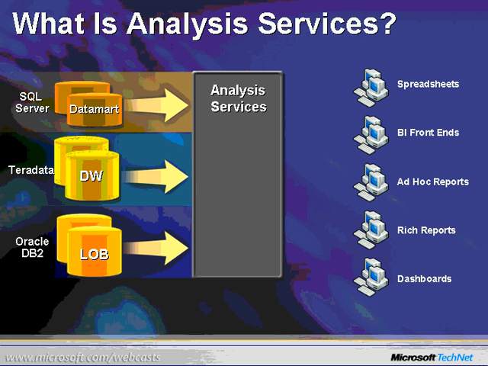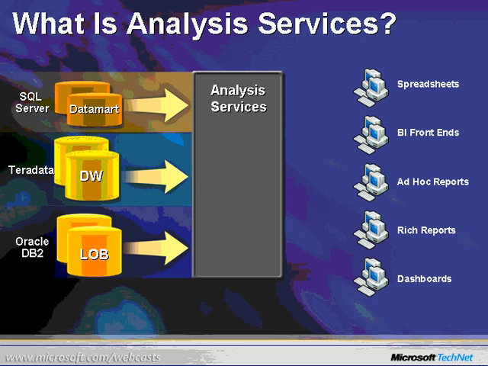So to level set, let's talk about the product itself and look at what Analysis Services is. Analysis Services is essentially a binding product that allows you to analyze data from a number of different sources. This data can come from SQL Server, obviously, Teradata, Oracle, DB2, and others, and then create a unified dimensional model, or UDM.